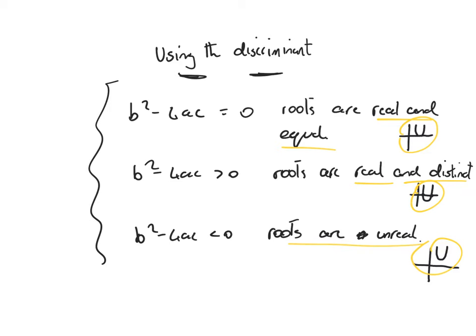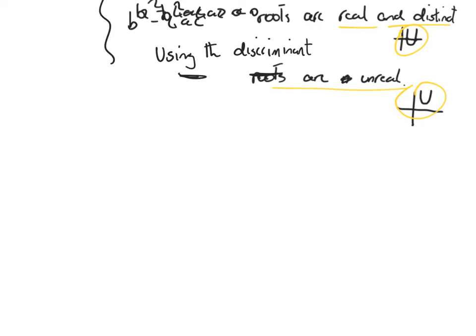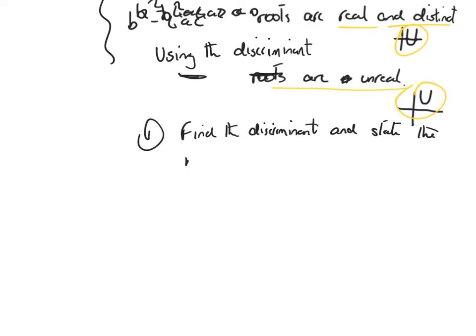Okay, so let's get into some examples, and let's try example 1. Question 1, we're going to find the discriminant, and we're also going to state the nature of the roots.